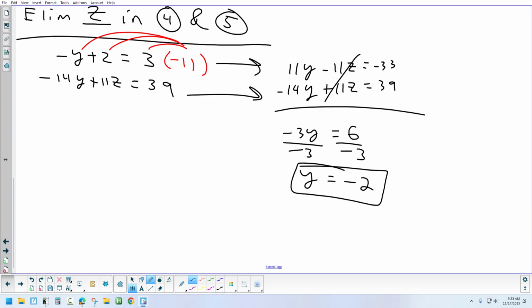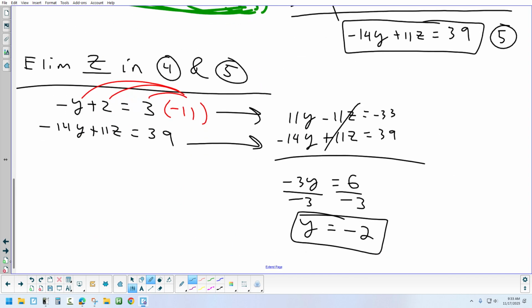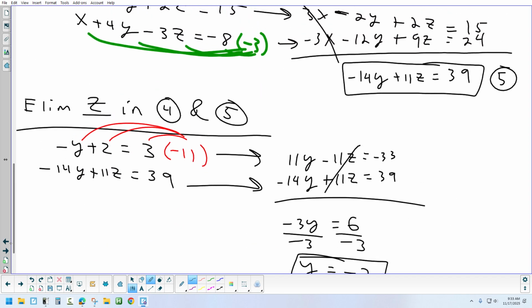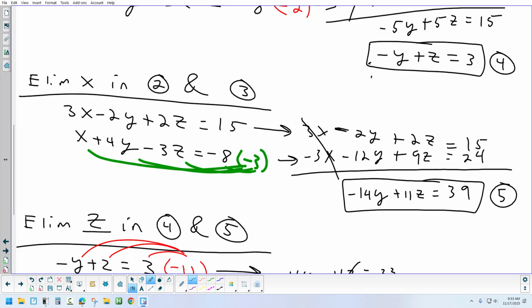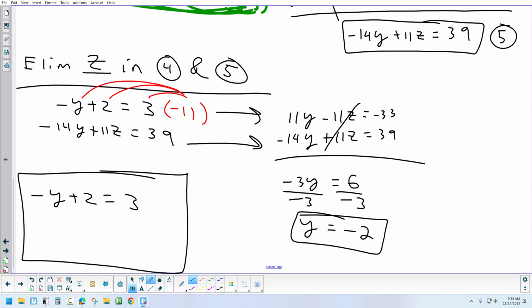Even though you only have your first variable, you're like 90% of the way done now. So now we're going to finish off by using substitution. Let's plug negative 2 back in. Do you want to plug it into equation 4 or 5? 4. So negative y plus z equals 3. So let's do it over here, solving for z.